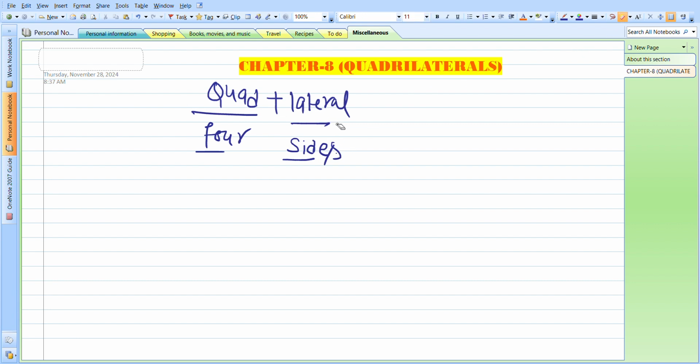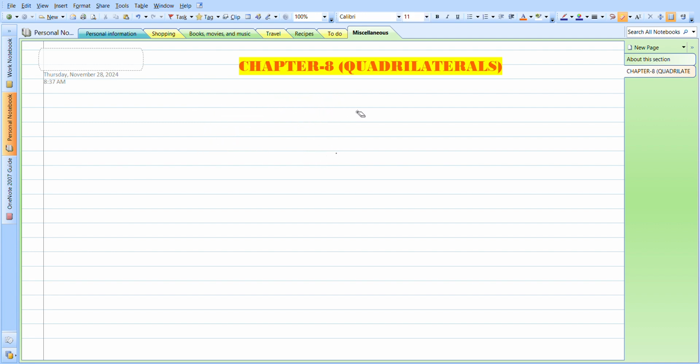How many types of quadrilateral are there? When you define the types of quadrilateral, first we have to understand how many conditions there are to define the types of quadrilaterals. So we can write here: types of quadrilateral.